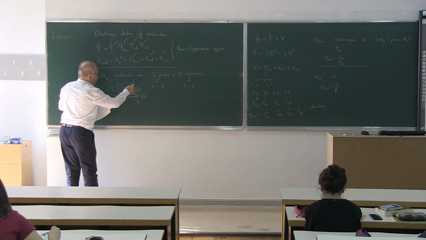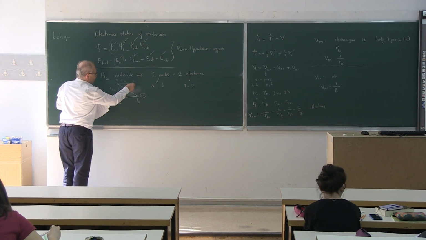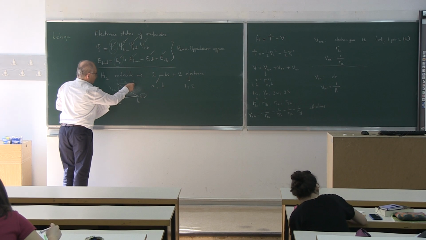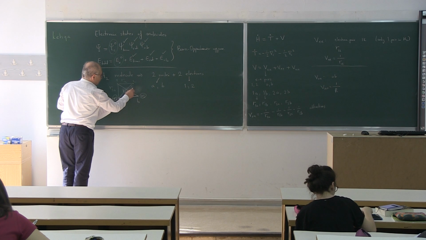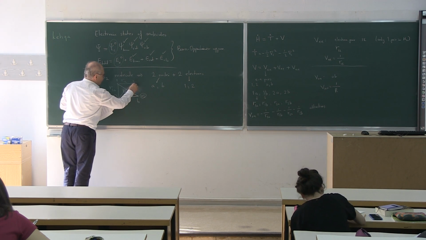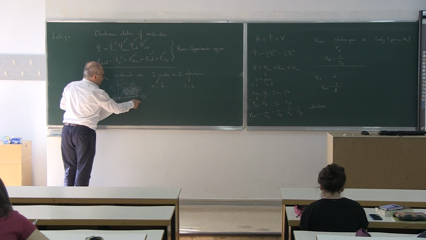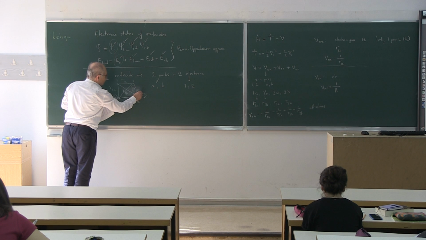Then the distance between second electron and the nucleus A is r2a, and distance between second electron and this nuclear center B is r2b.